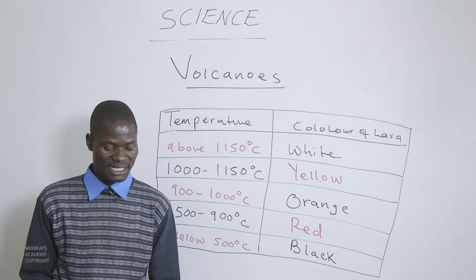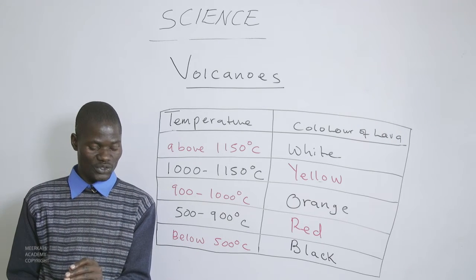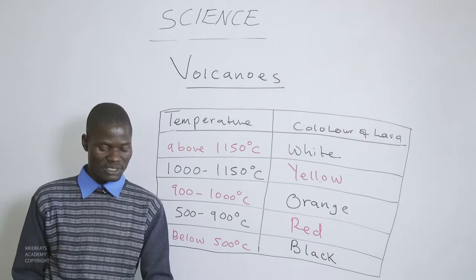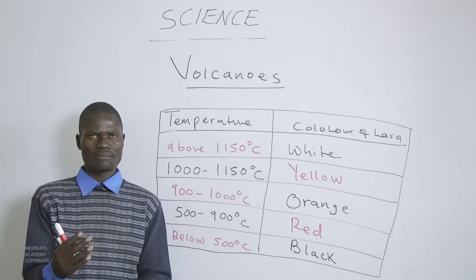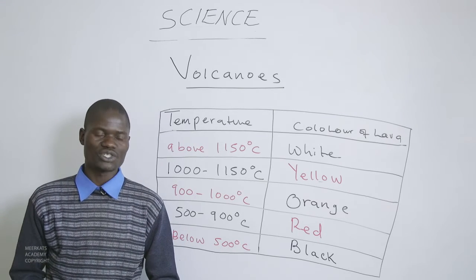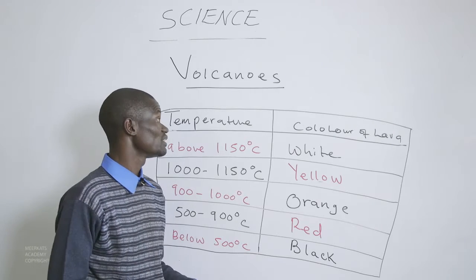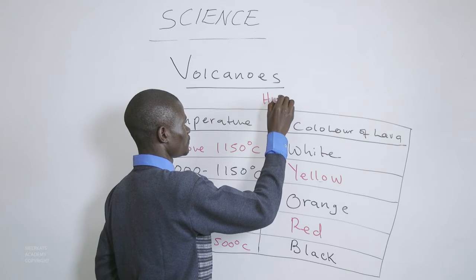When magma reaches the earth's surface, it actually cools to form what we call lava. And this lava is made up of some gases such as hydrogen sulfide and steam.